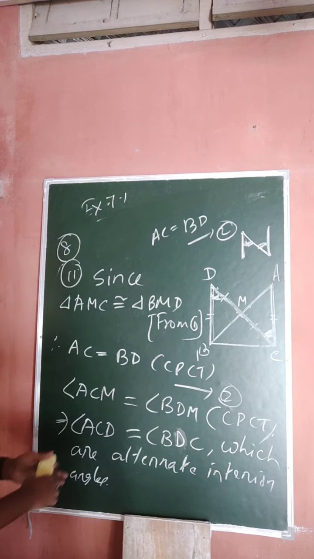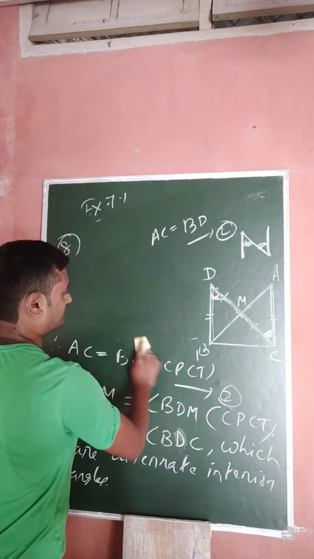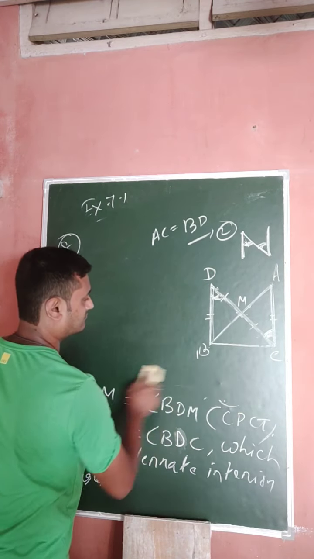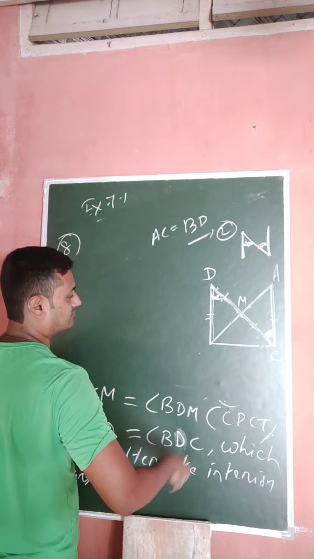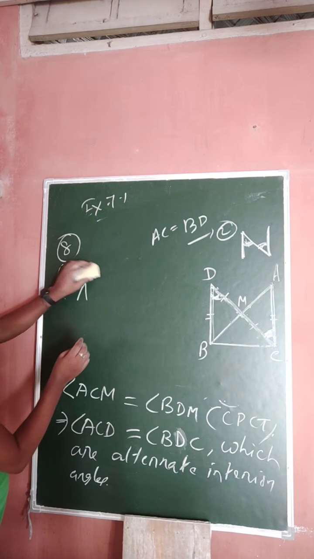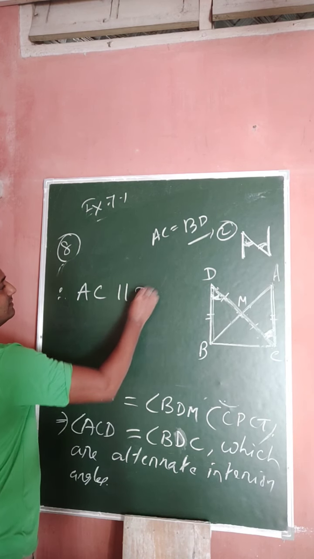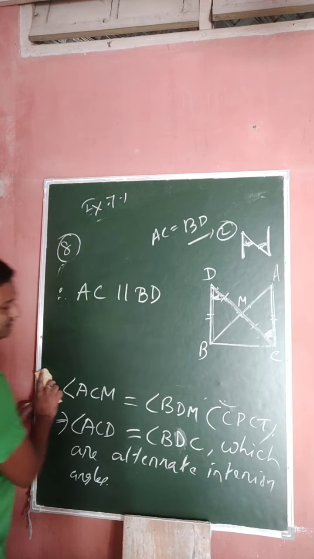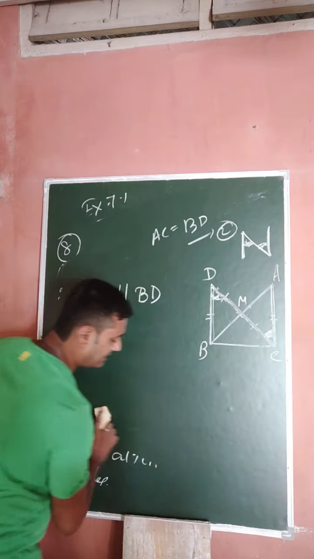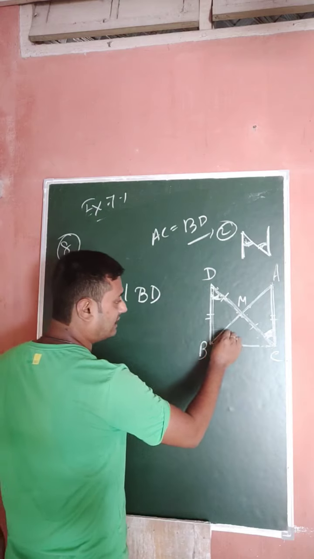Okay, so therefore side AC is parallel to side BD. Okay, AC and BD are parallel. Our target is to prove this angle is also 90 degrees.